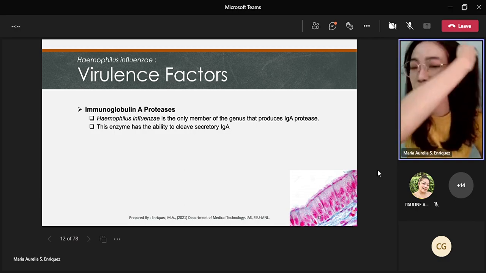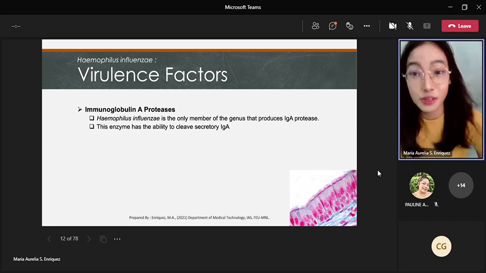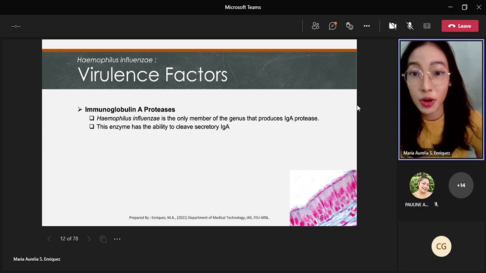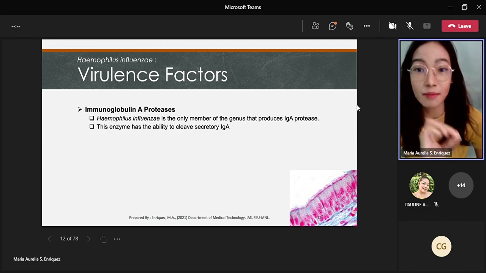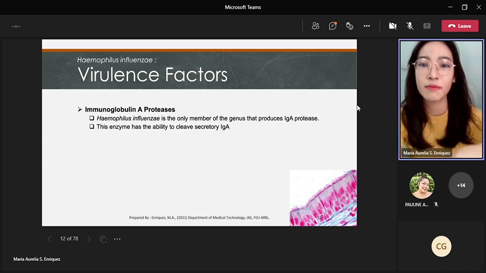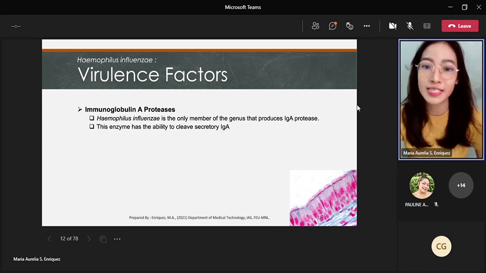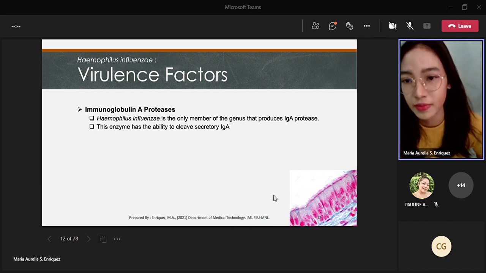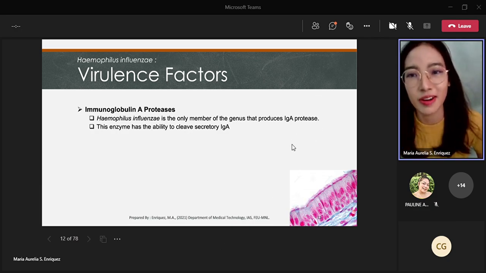Before we proceed, recall time. Recall time po tayo. As usual po, if you know the answer, you may type sa chat box natin. So recall time, which gram-negative, obligate aerobe capnophilic organism also produces IgA protease as one of its virulence factors? Sige po, if anybody remembers.